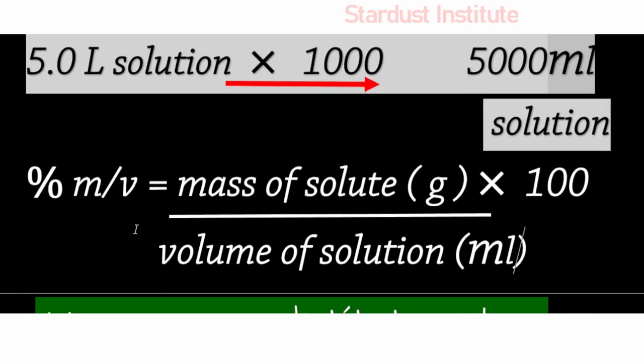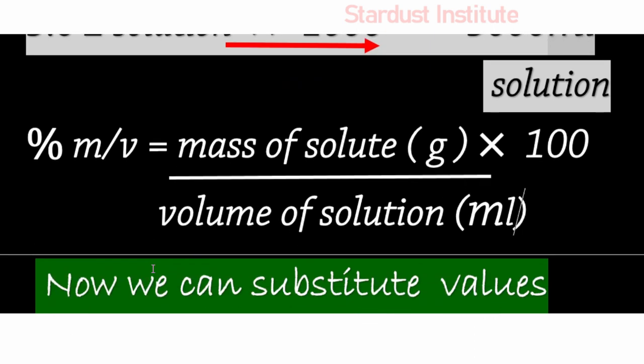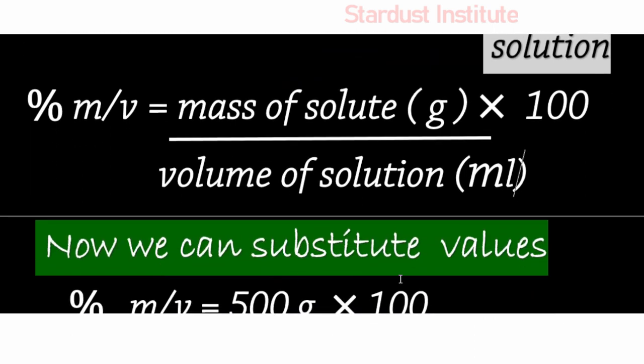Here we can use this formula. Percentage mass by volume equals mass of solute in grams divided by volume of solution in milliliters multiplied by 100. Now we can substitute values.